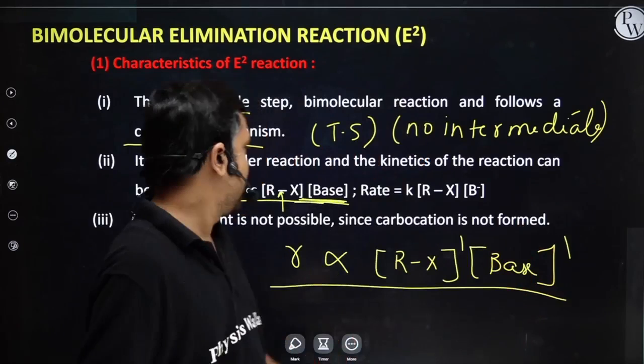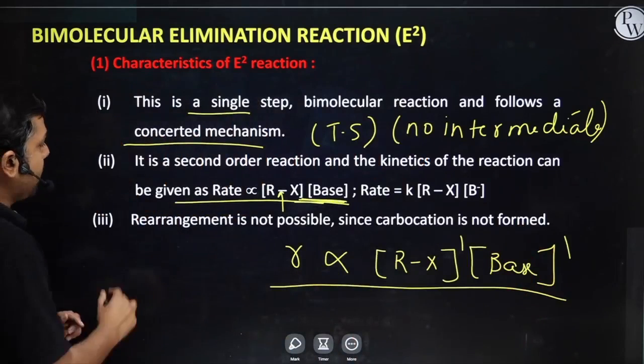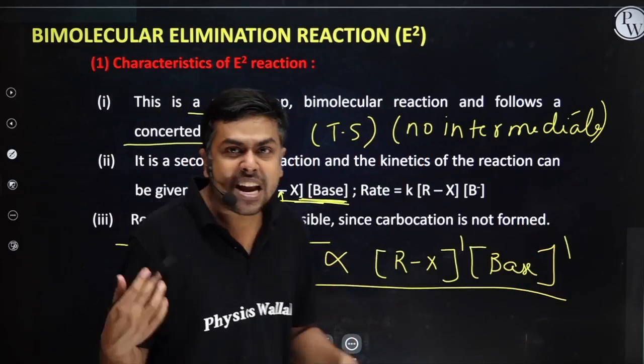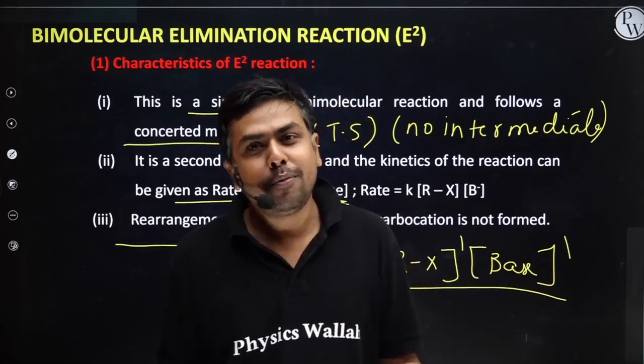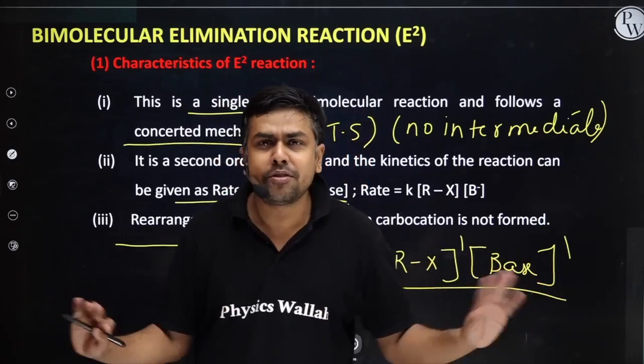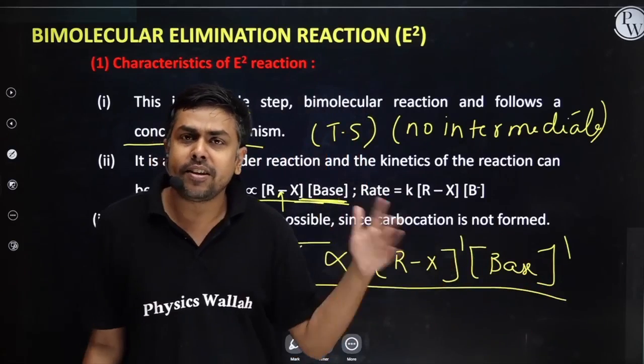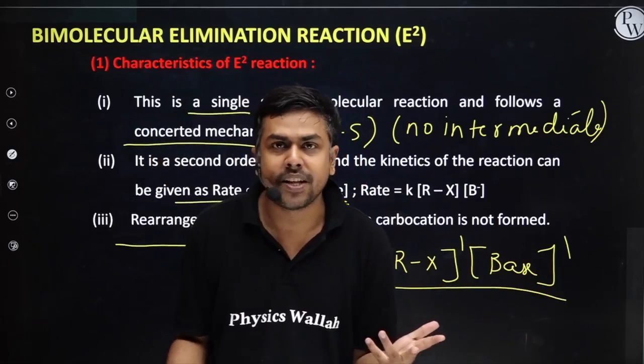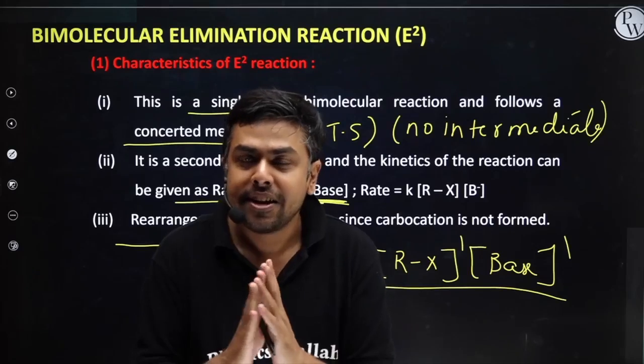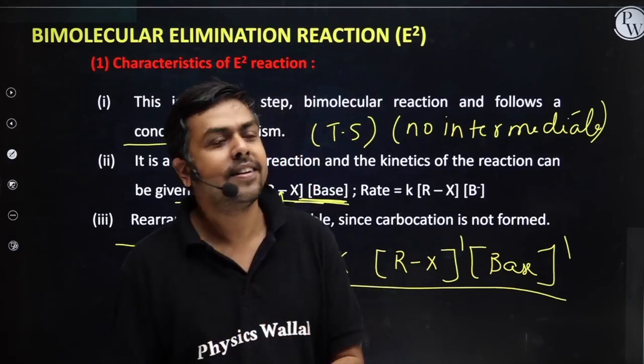Am I clear? Okay. So rearrangement is not possible here. Why is rearrangement not feasible? Because we don't get intermediate. The carbocation is not formed. The reaction is occurring in a single step, TS itself, and in TS we don't have any rearrangement. Am I clear?